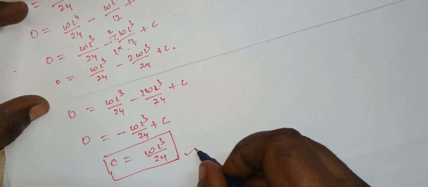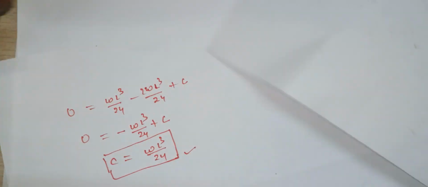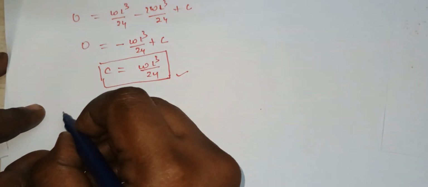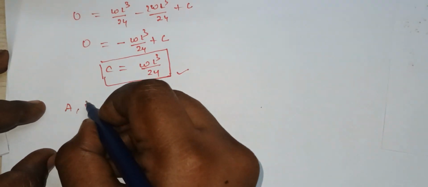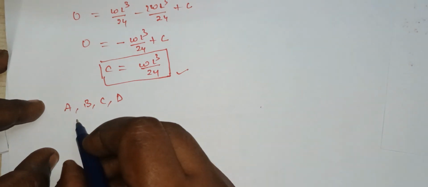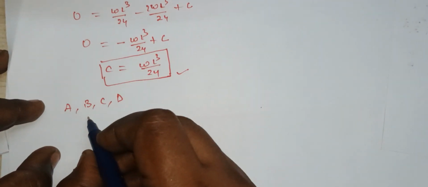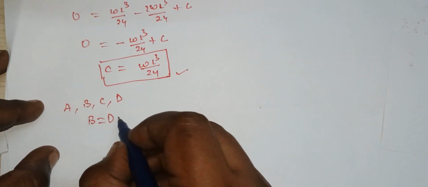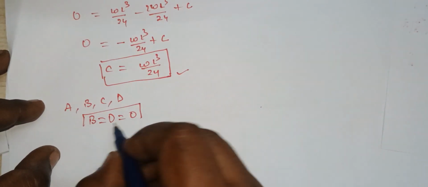Okay, so just look at it. We found A, B, C and D values. And we have seen that D is 0.